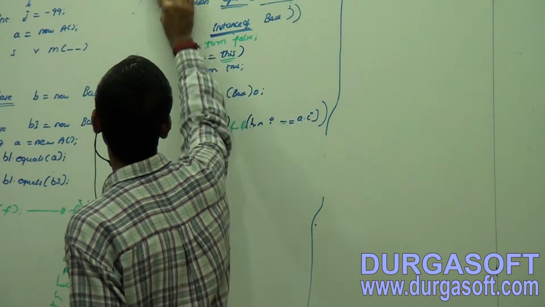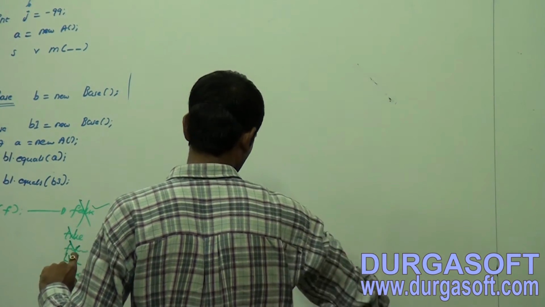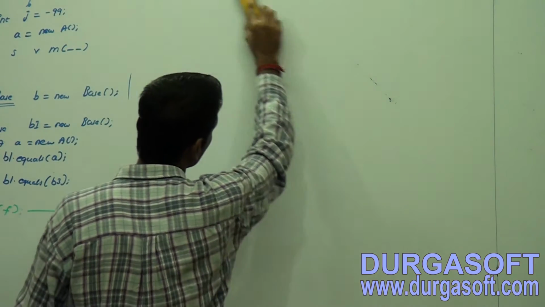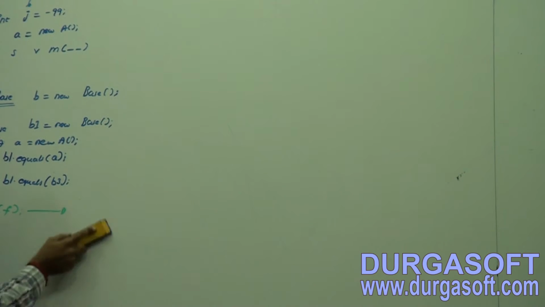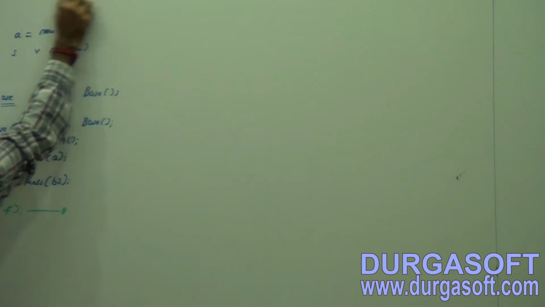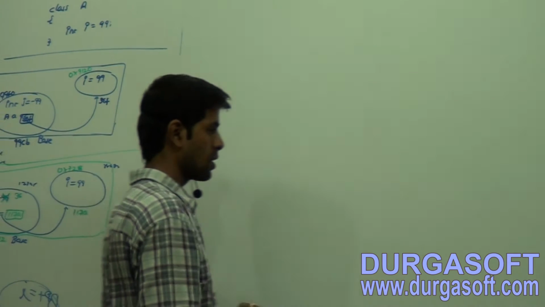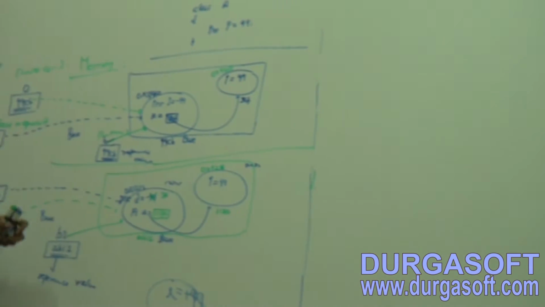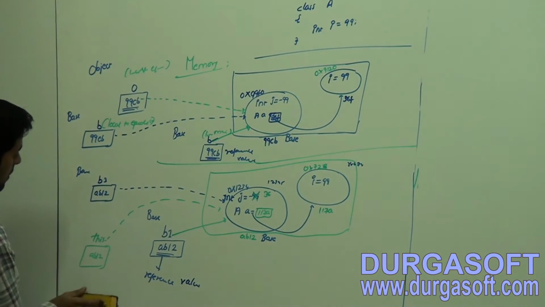It is just the description, but it's very important for our OCJP exam. Observe these points carefully, guys. Think that we have B1 and B as the references.